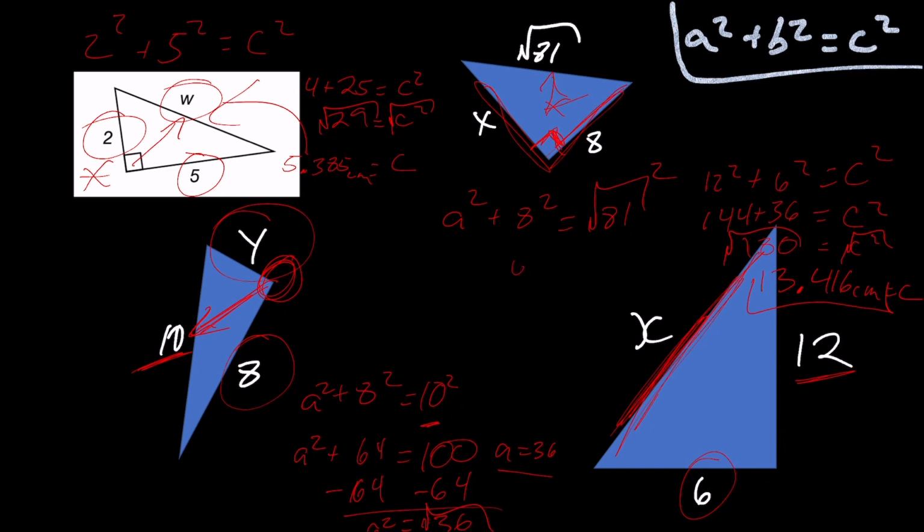All right, so this would be 64 plus a squared, and these would cancel each other out. So this would equal 81. So I have 64, and then 81 minus 64 is going to be 17 equals a squared. And so I take the square root.